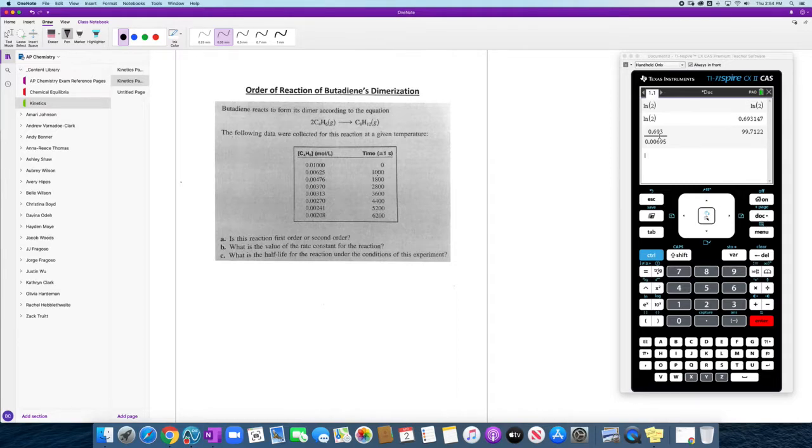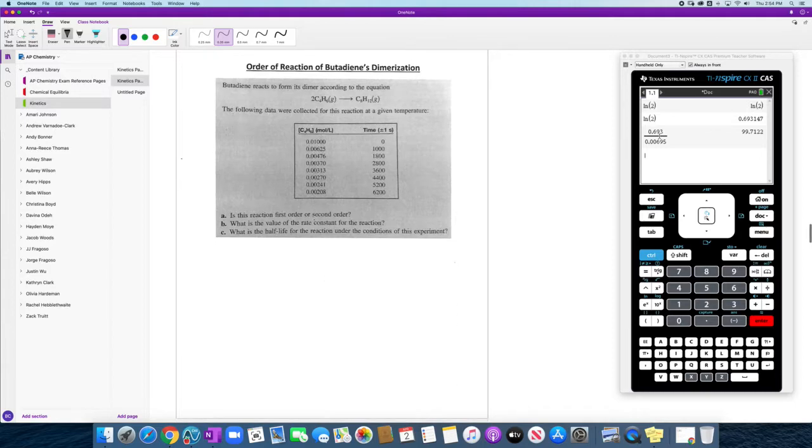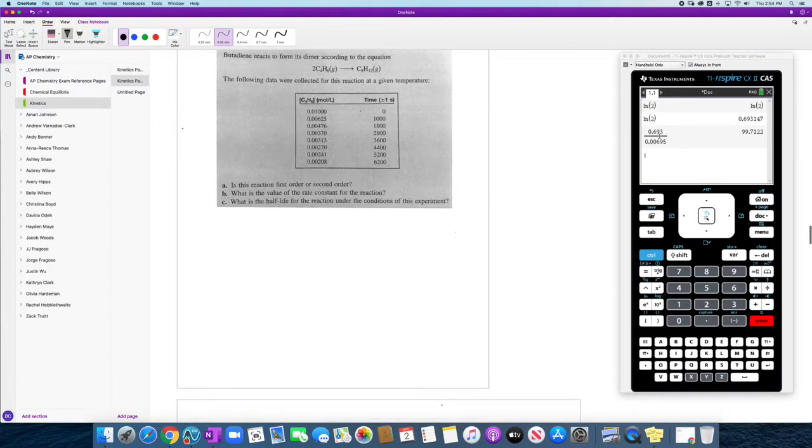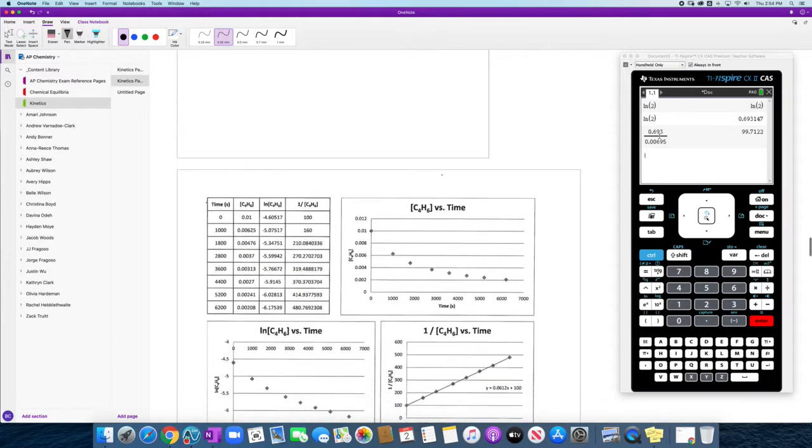Time is the x value, the independent variable, and concentration is your y values, the dependent variable, so concentration's a function of time. I've also done the 2 other transformations, the natural logarithm of concentration and the reciprocal of concentration, and I've graphed all of them.